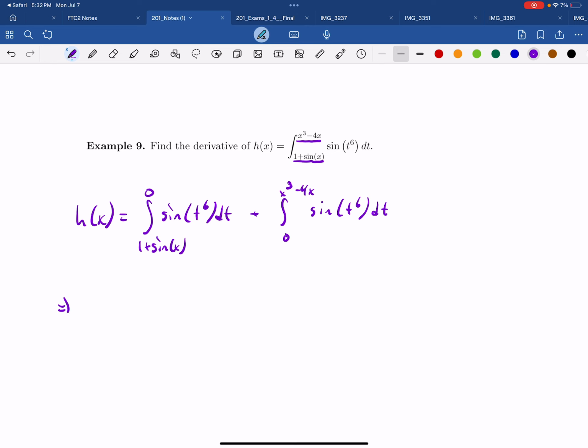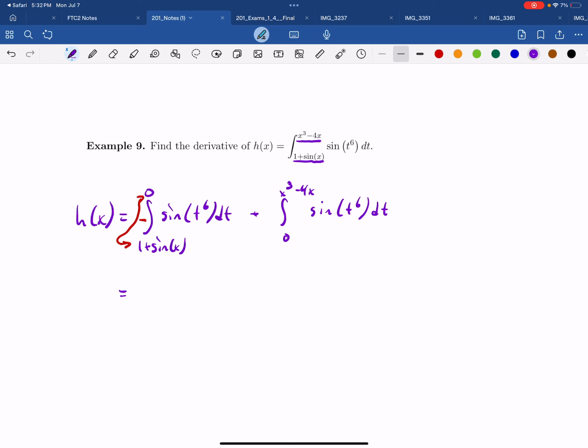So the derivative is going to equal, so first of all, we know that we could just swap these bounds and make the whole thing negative, right? So actually, you know what? Let me not do this. So implies, I'll just write another equal sign because we need to be a little more careful about this.